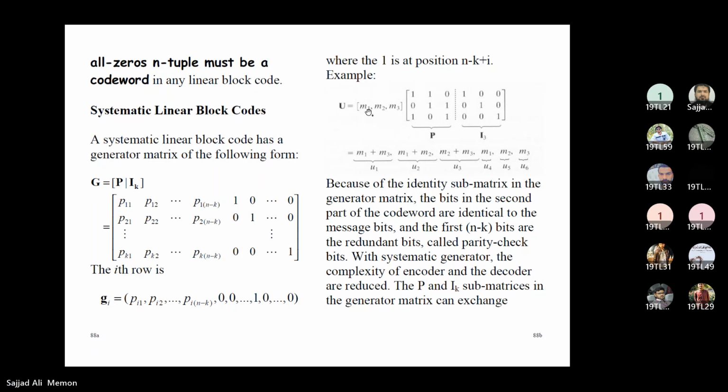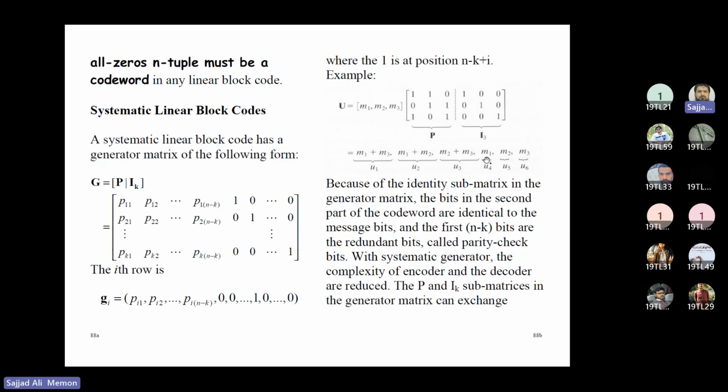For example, take m equal to M1, M2, M3, that is the message. And these are the parity bits, the redundant bits. And then we have the identity matrix I3. So this is how you will have the 2 power 6 code word message: U1, U2, U3, U4, U5, and U6.